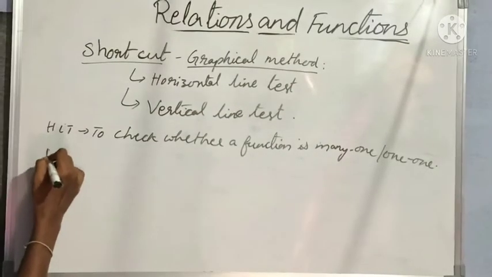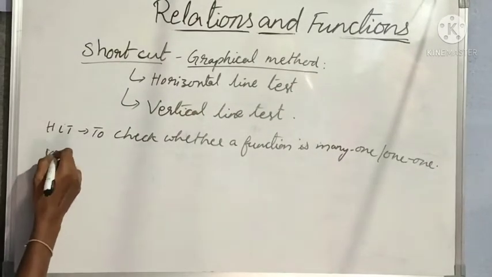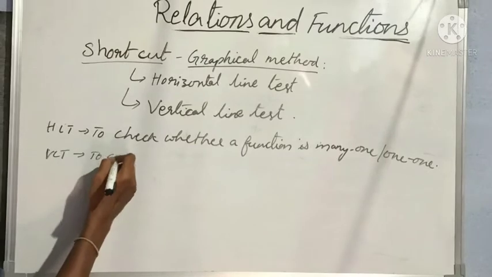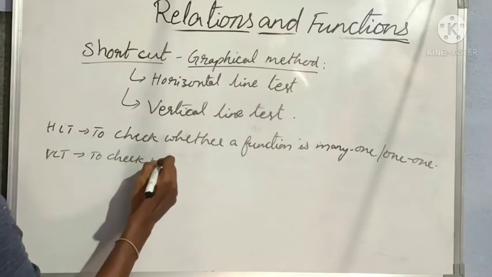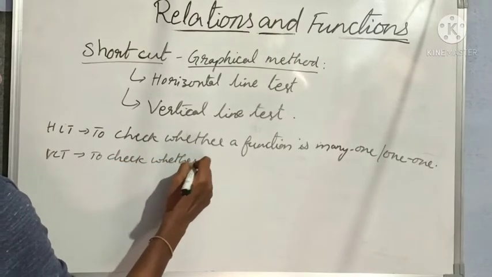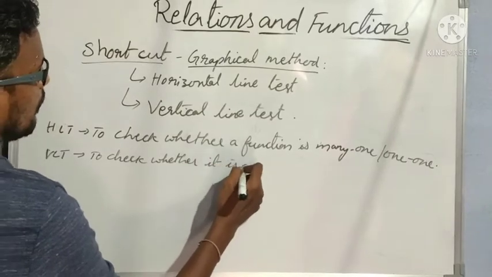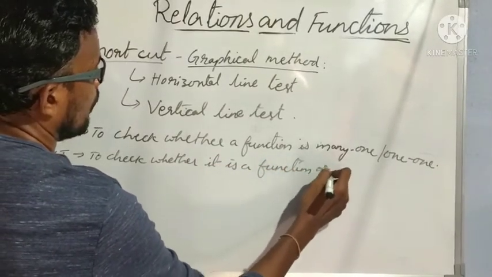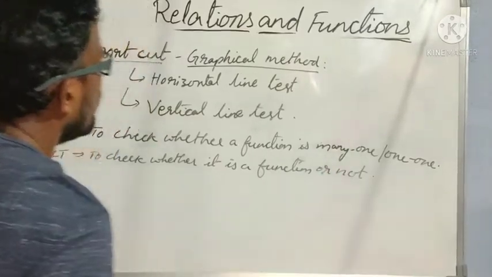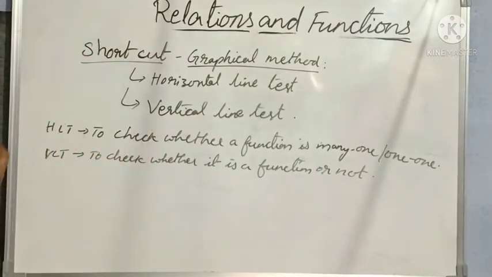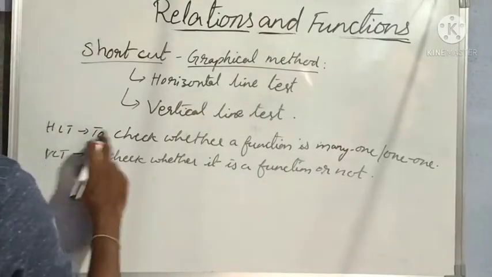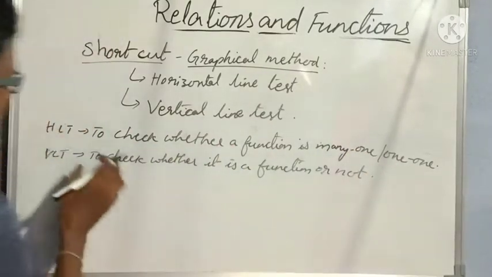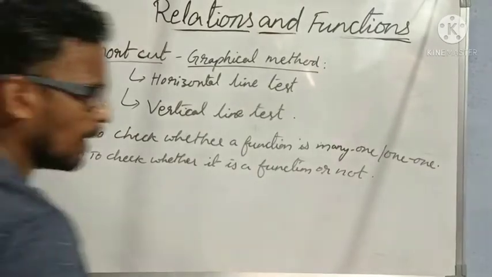Next, vertical line test, to check whether it is a function or not. Okay, whether a given curve is a function or not, we can test by using the vertical line test. And to check whether a function is many one or one, we can use the horizontal line test.